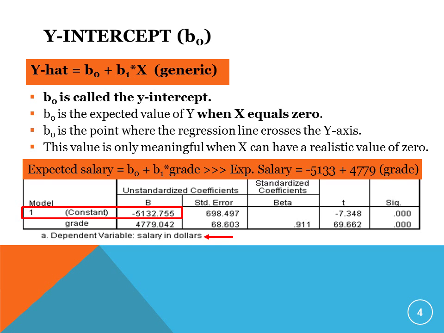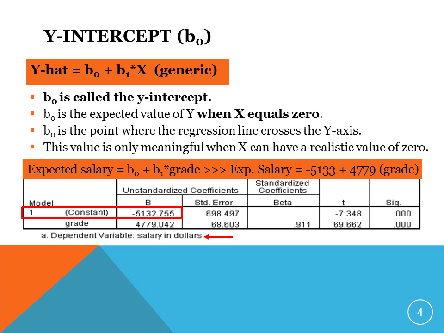our expected salary would be B naught plus B1 times grade. That's our equation for this relationship. And then we would start plugging in. Expected salary equals negative 5132, from what we see here under B, and then plus 4779, which is our B1.